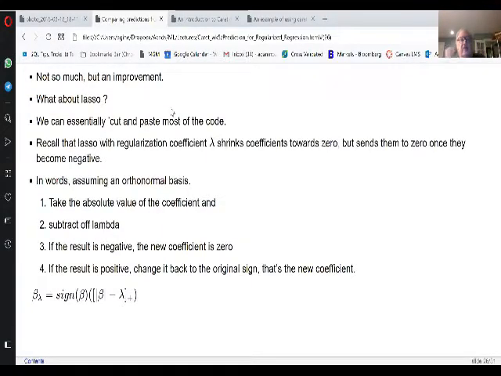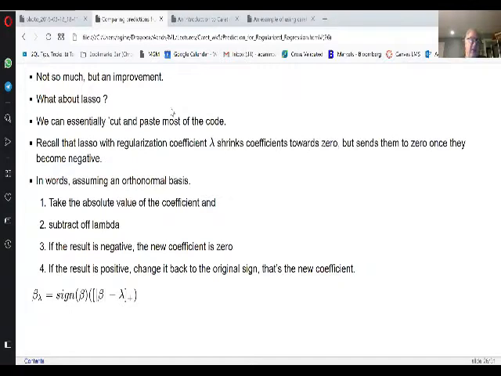The other thing I want to point out is that Lasso works differently in terms of how it shrinks the coefficients. With Lasso, you take your coefficient beta, take its absolute value, and subtract off lambda. Remember, lambda is always positive, right? If the result is negative, you make the coefficient 0. If the result is positive, that's your new value. You've shrunk it by lambda.